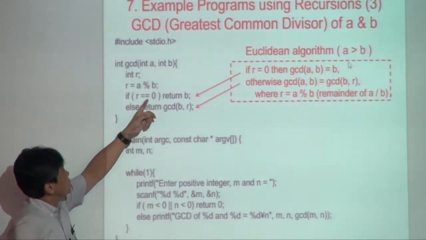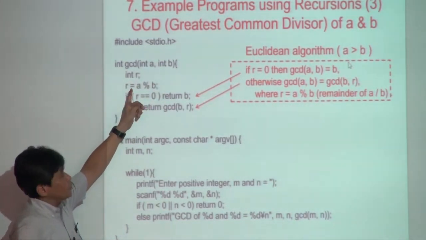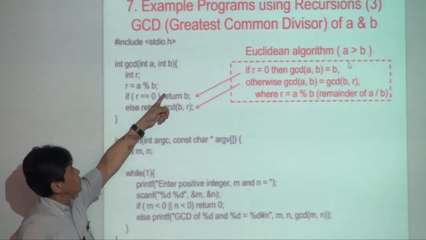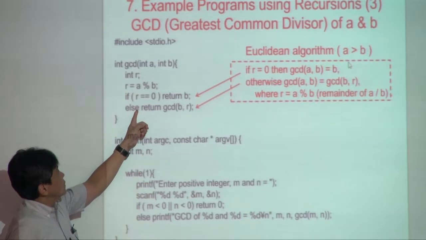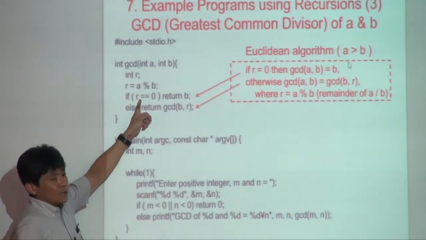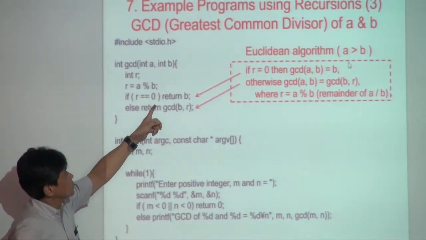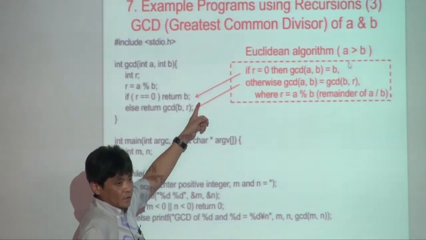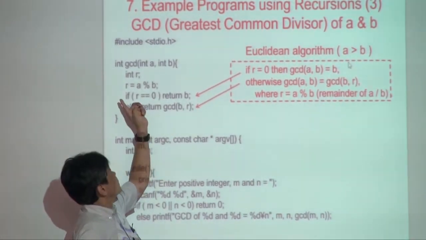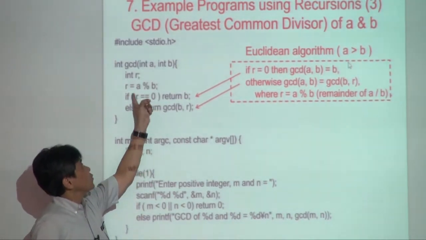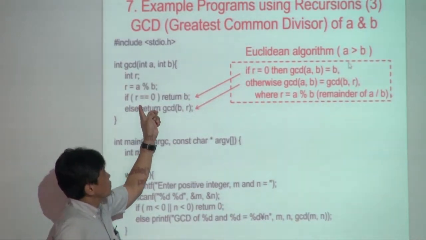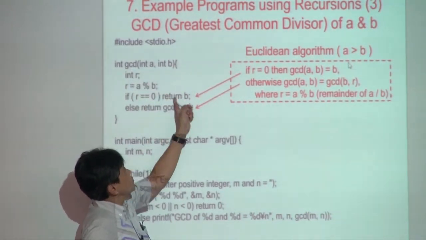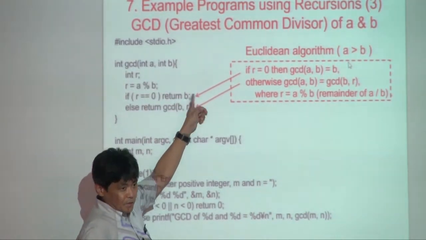First, you calculate R as the remainder of A divided by B. After that, you check whether R equals 0 or not. If R equals 0, the return value is B. GCD of A and B should be B.